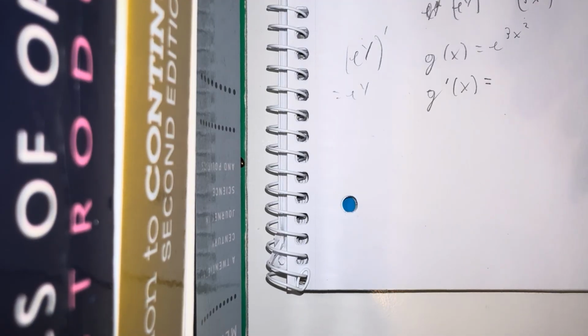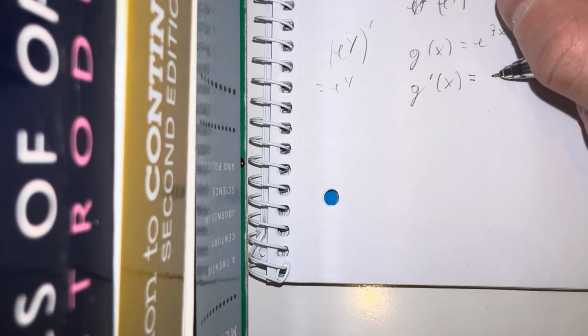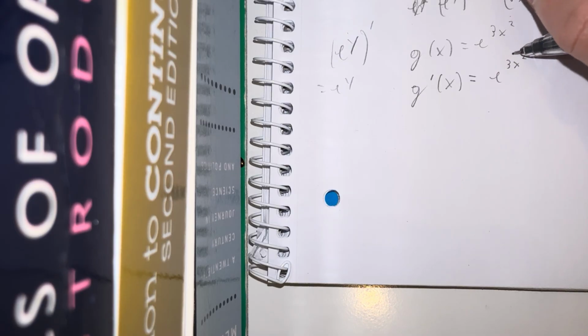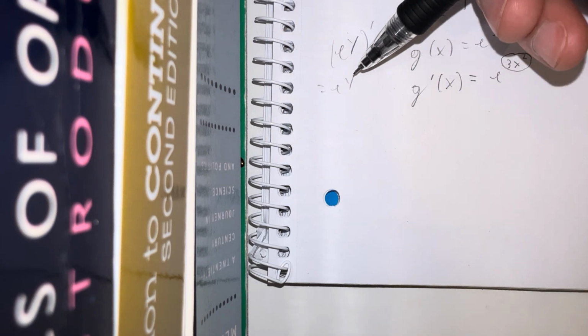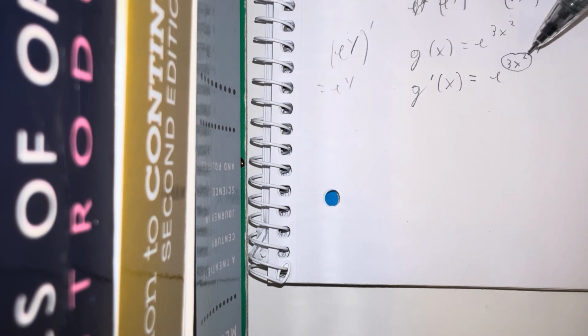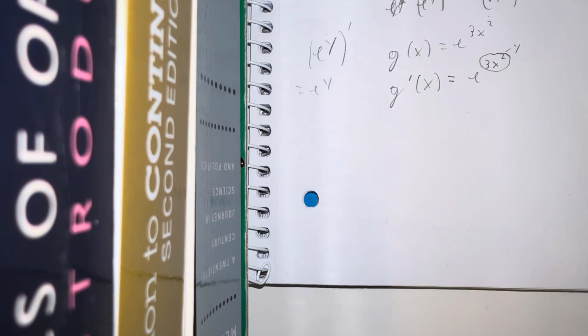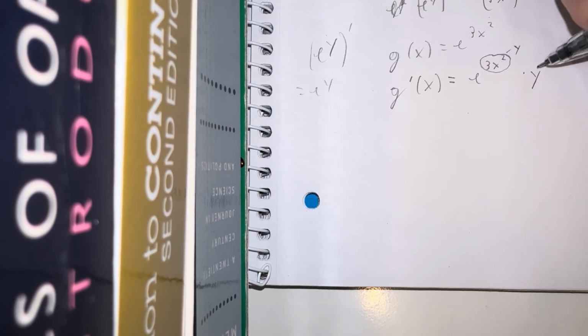And that is the outside function, if you will. So that becomes the same. This is our y in this example. This is the outside function. And then the chain rule says that we have to multiply with the derivative of the inside function. Now, what is the inside function? The inside function is, in this case, I called it y, the derivative of y.